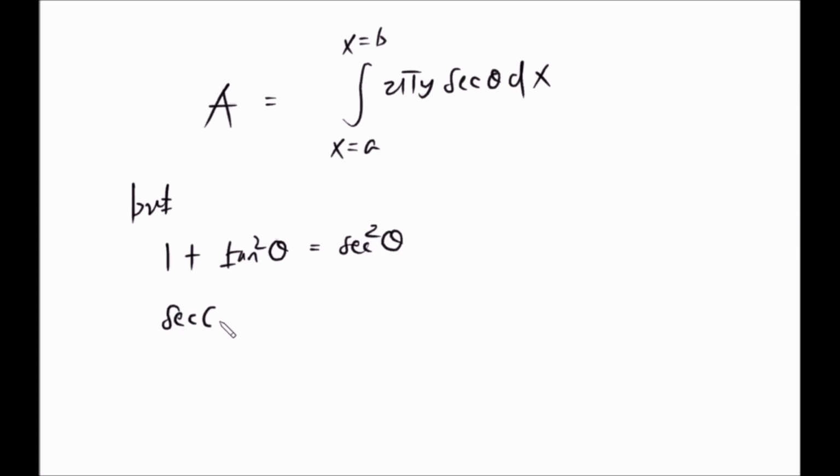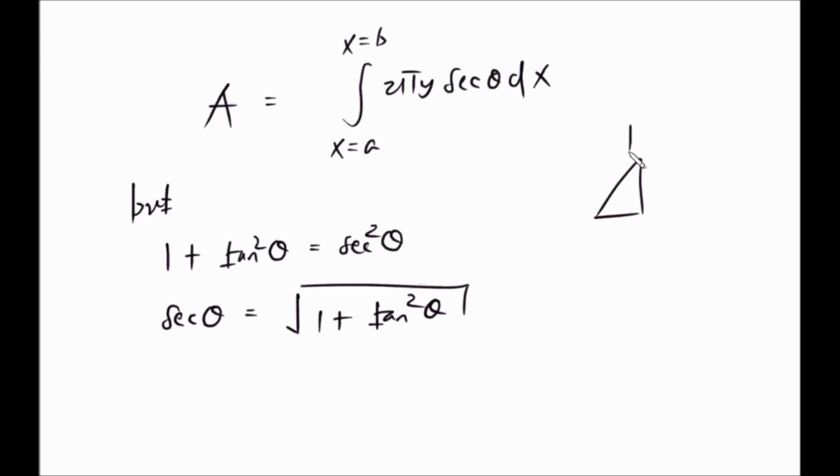So sec theta is equal to the square root of 1 plus tan squared theta. Now you remember our triangle PQM. Q here was x, y and P here was x plus delta x, y plus delta y. So the length of QM we said is delta x. The length of PM you take y plus delta y minus y, which is delta y. So this angle is our theta.